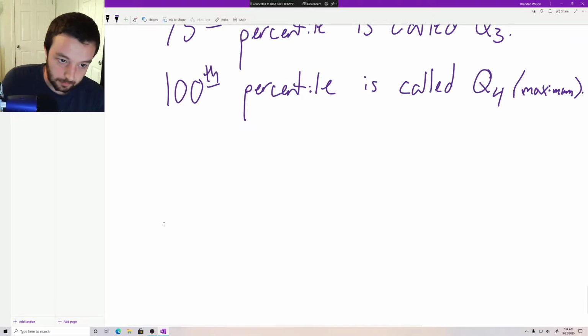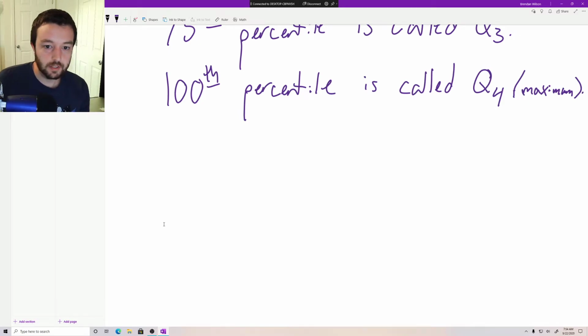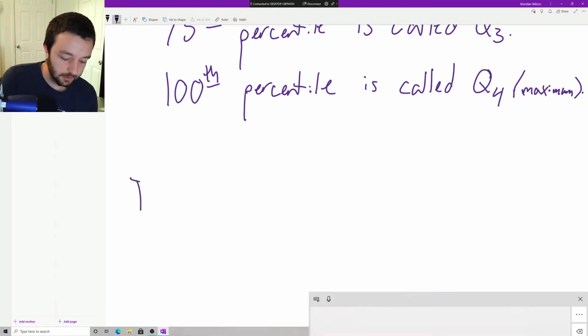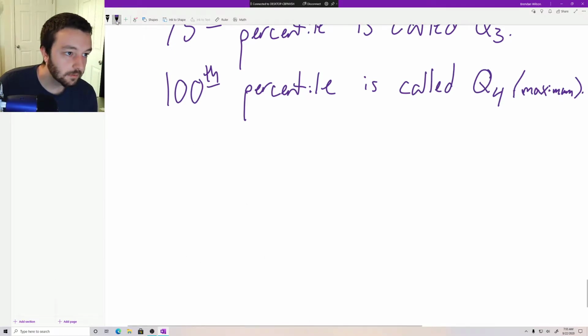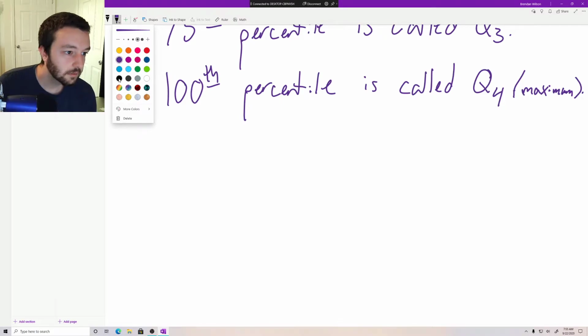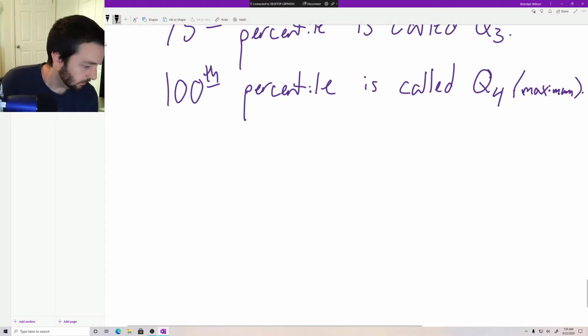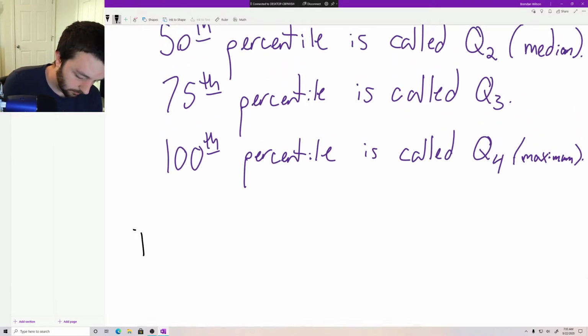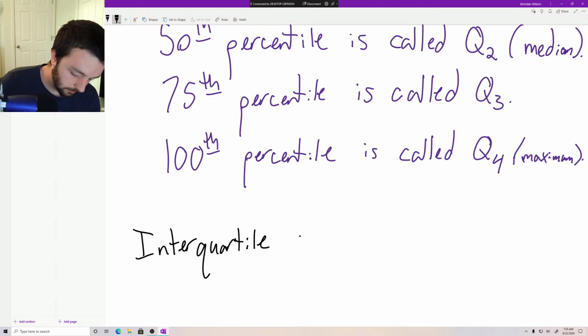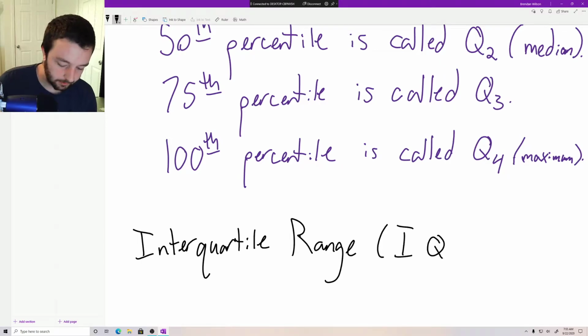In fact, we use Q1 and Q3 to come up with a special thing called the interquartile range, or we abbreviate that IQR.